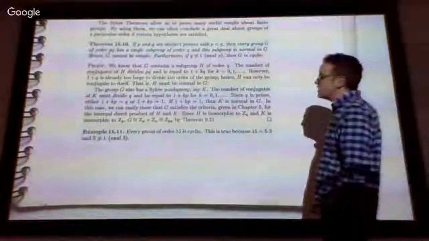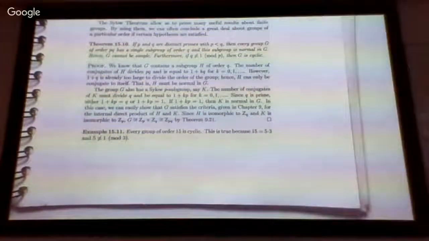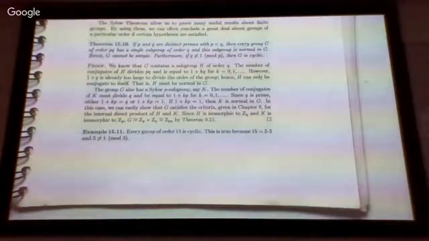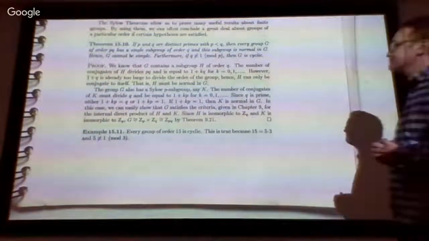So this must be a normal subgroup of G. So we know that G cannot be simple. So if your group has order a product of two distinct primes, it is not a simple group. So it has a normal subgroup, so it is possible to simplify it by a factor operation.